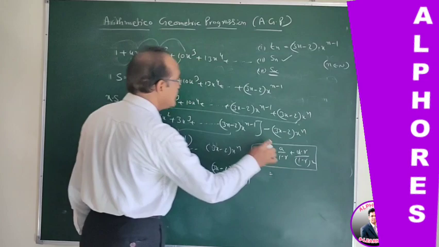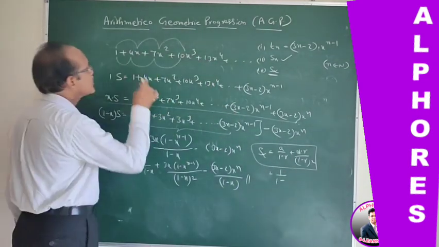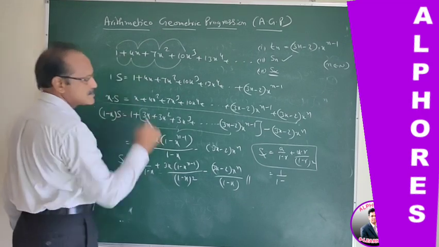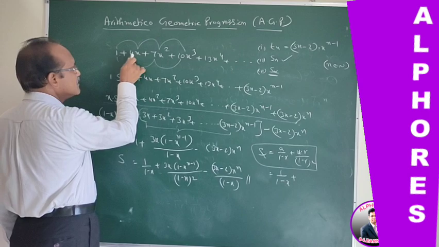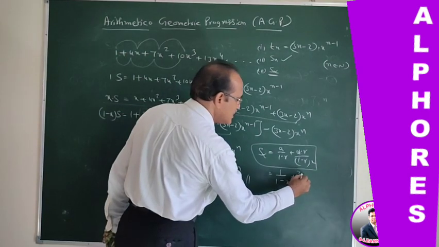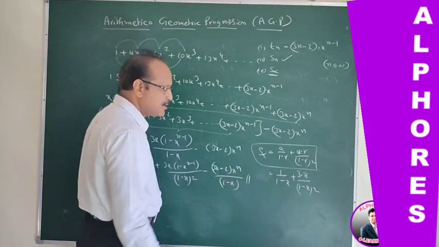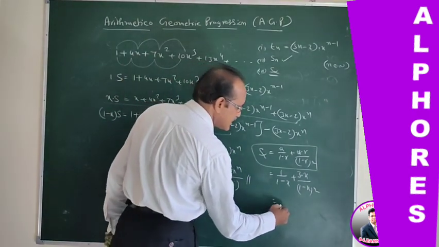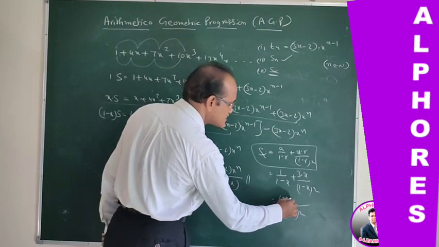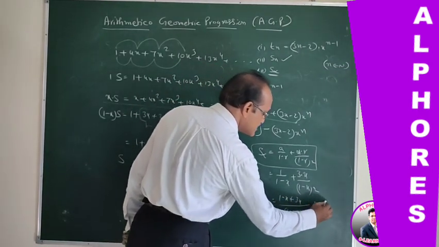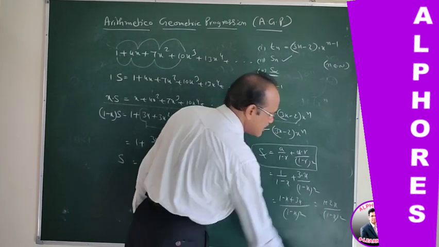Here a means first term, by 1 minus r means here common ratio x, plus d means here common difference, that is 3 into r, again x by 1 minus x whole square. Or if you calculate the LCM part, that is 1 minus x whole square is LCM, here 1 minus x plus 3x, or it is 1 plus 2x by 1 minus x whole square.